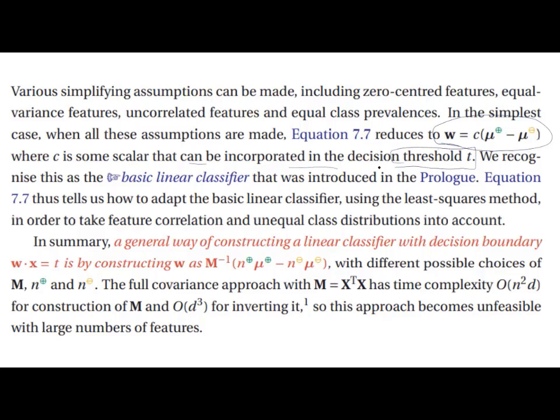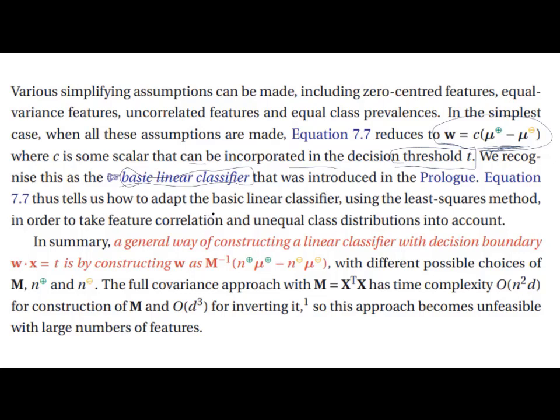So finally, we can say w = c (mu positive - mu negative). We recognize this as the basic linear classifier. This is called the basic linear classifier. Right.